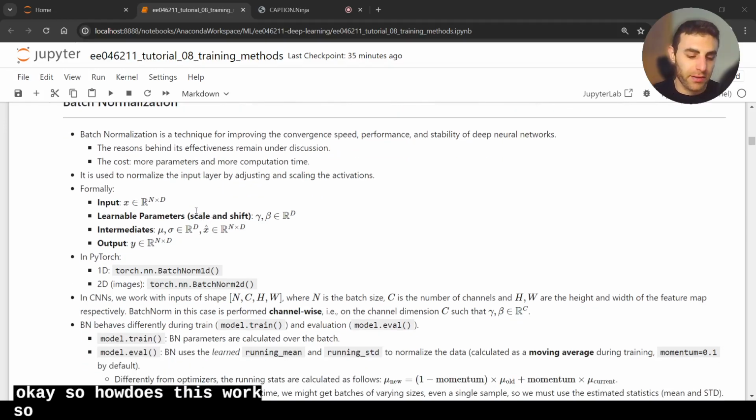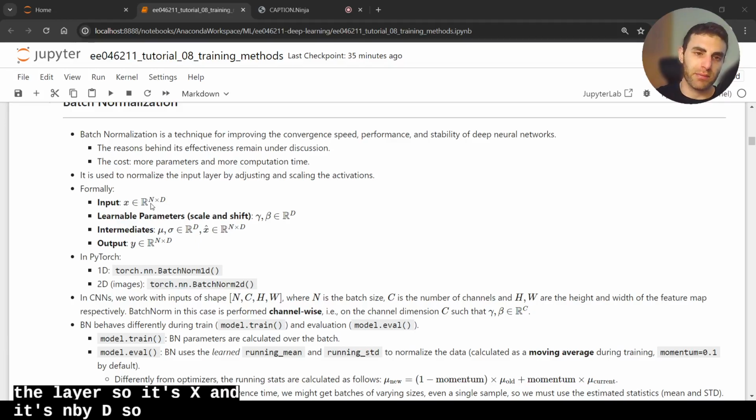Okay, so how does this work? Let's formalize this. We have our input to the layer, X, and it's N by D, where N is the batch size and D is the feature dimension. We are currently doing batch norm over 1D data. We have learnable parameters, scaling and shifting, gamma and beta, and they are both of the same dimension as the feature dimension. And we have the intermediates, mu and sigma, which are calculated.